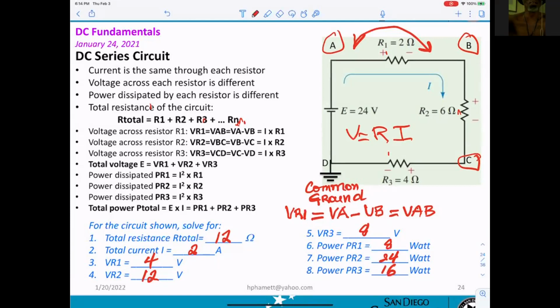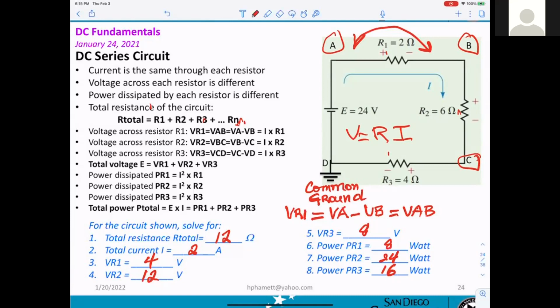For this circuit, I hope everyone gets the same. One question? Yeah, go ahead. I understand now how you got all the answers, but where did you get the 2 amps from? Which number do you mean? Number 2.